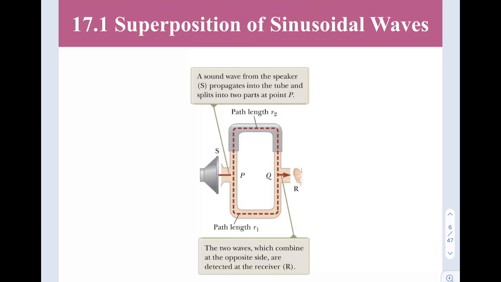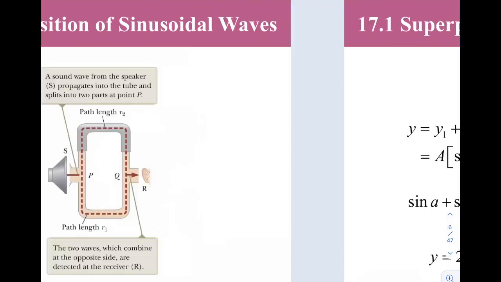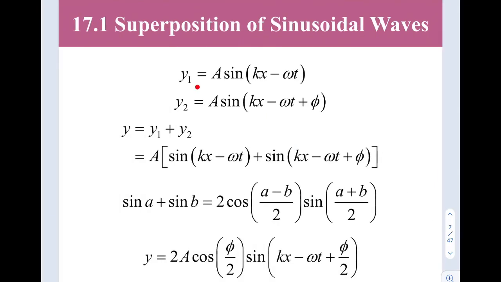If two waves travel together in the same direction and have the same frequency, wavelength, and amplitude, but differ in phase, we can express their individual wave functions as y1 equals a sin(kx minus omega t), and y2 equals a sin(kx minus omega t plus phi). Why is there a plus phi here? This is a phase constant to differentiate between the first wave and the second wave.